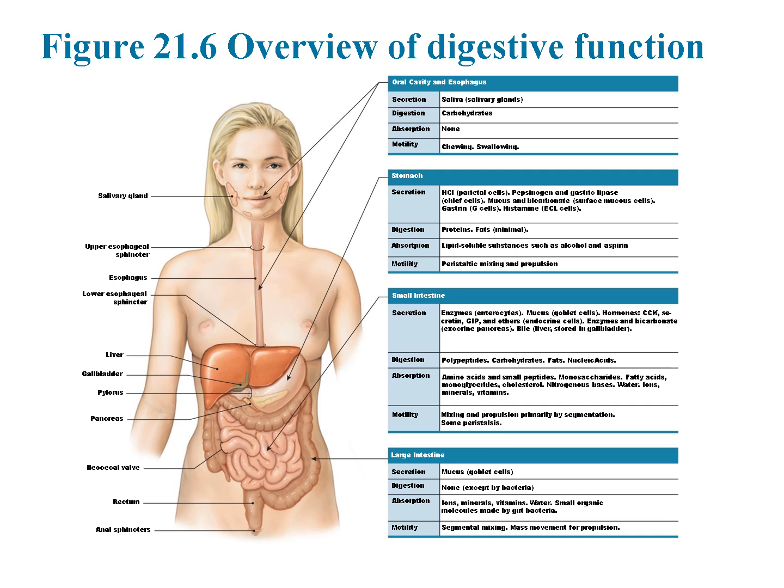The small intestine digests polypeptides, carbohydrates, fats, and nucleic acids, absorbing essential nutrients such as amino acids, monosaccharides, fatty acids, and water-soluble vitamins. Mixing and propulsion occur primarily through segmental contractions, allowing for efficient nutrient absorption.